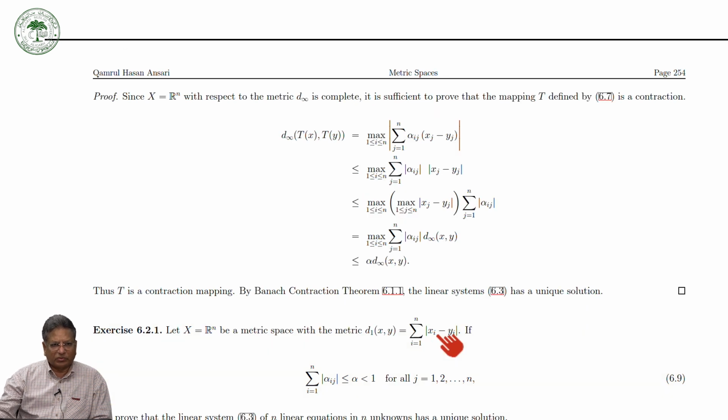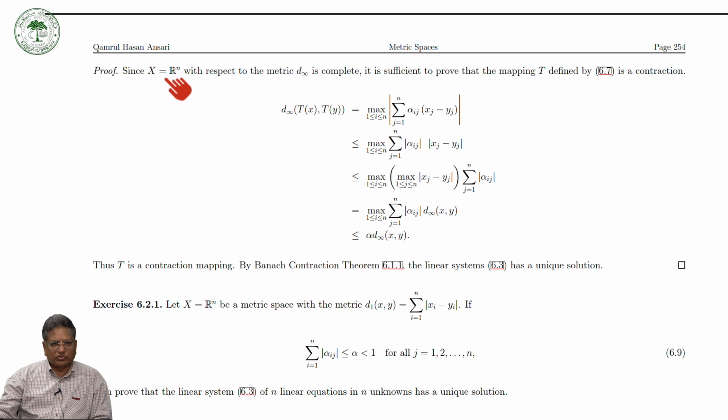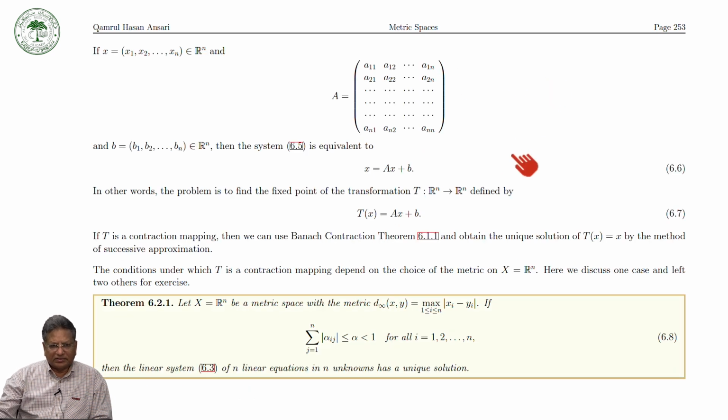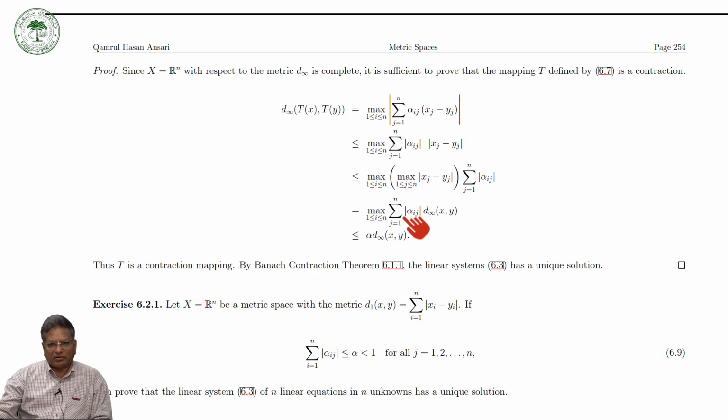With this, since X equal to Rn with respect to the metric d infinity is complete, which we have already proved, it is sufficient to show that the map T defined by this is a contraction.